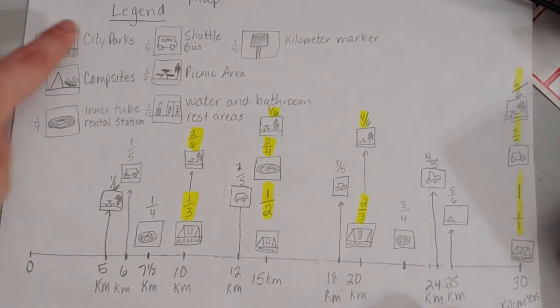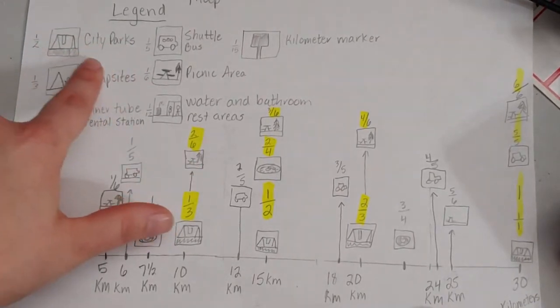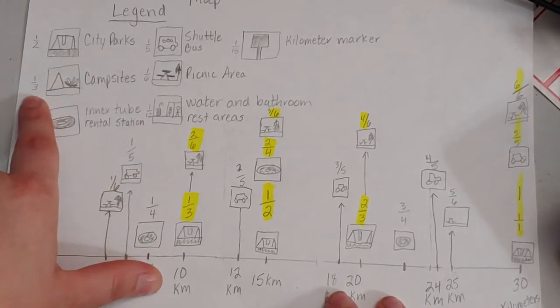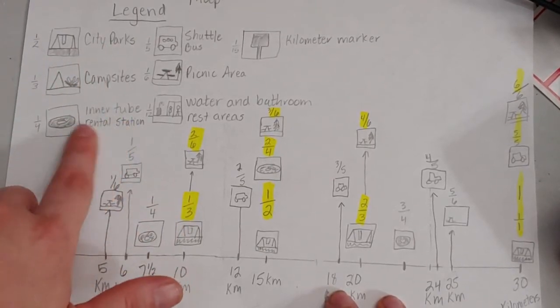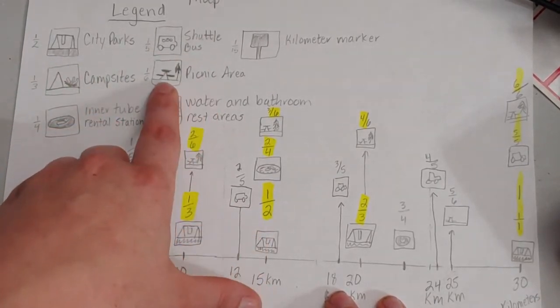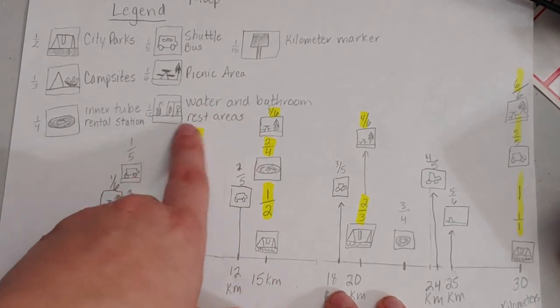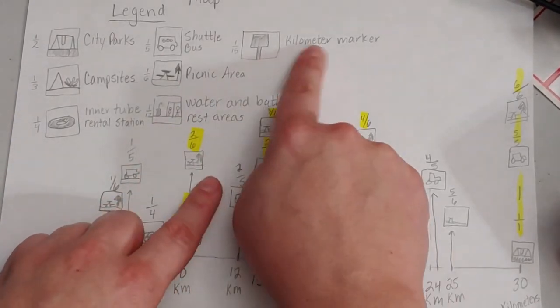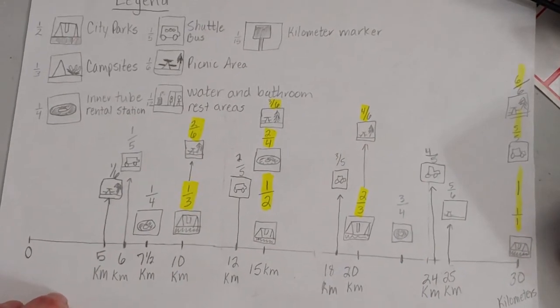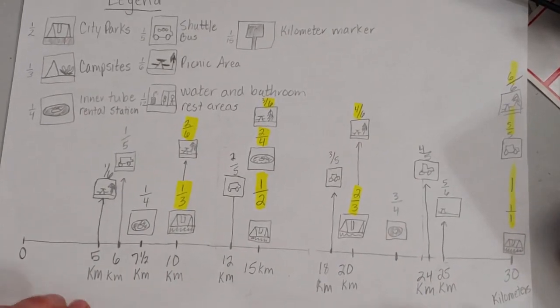So we have our symbols. Our legend tells you what those symbols stand for, right? There's a city park every half mile. There's a campsite every 3rd. There's an inner tube station every 4th. A shuttle bus every 5th. Picnic area every 6th. Water and bathroom every 12th. And then the kilometer marker signs every 15th. So you can see here where all of our pieces line up.